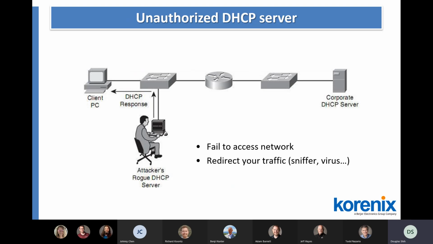But if the PC gets the IP address from an unauthorized DHCP server, then you cannot be sure the network service will work normally. If you face this problem, the client may fail to access the network or the traffic will be redirected. Then you may face issues with sniffers or attackers.